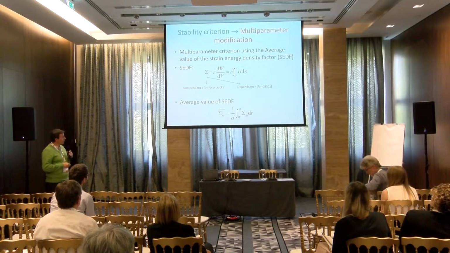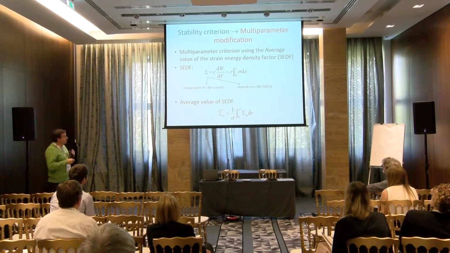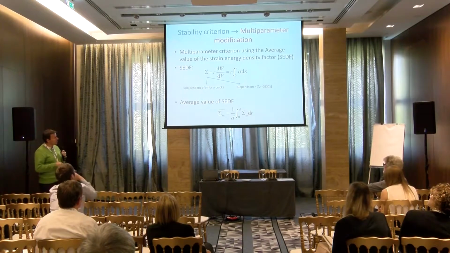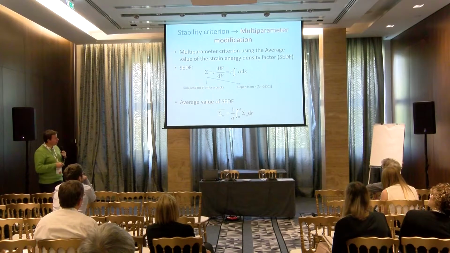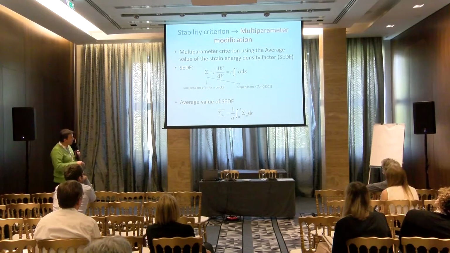So first, the basic definition of strain energy density factor. It is given here. Strain energy density factor is independent of R for case of crack, but it depends on R for generalized stress singular concentrators. From this reason, we use average value over certain distance d, and the average value is defined here.